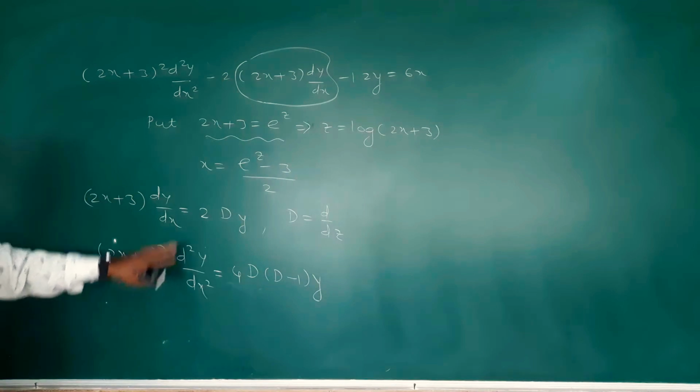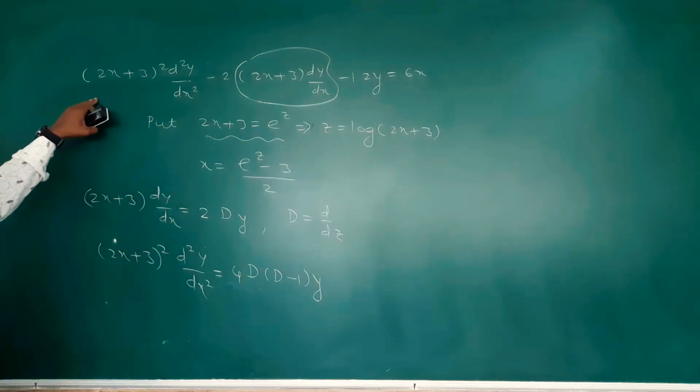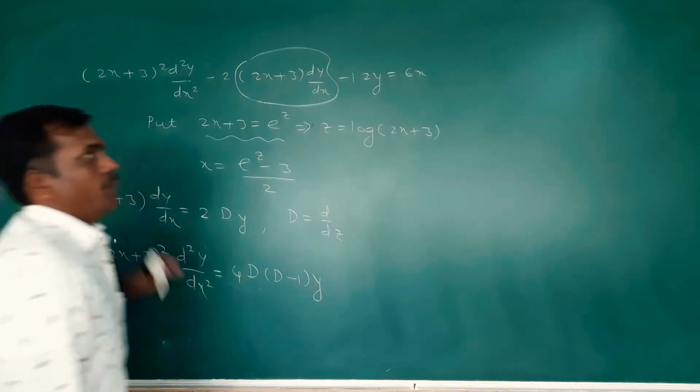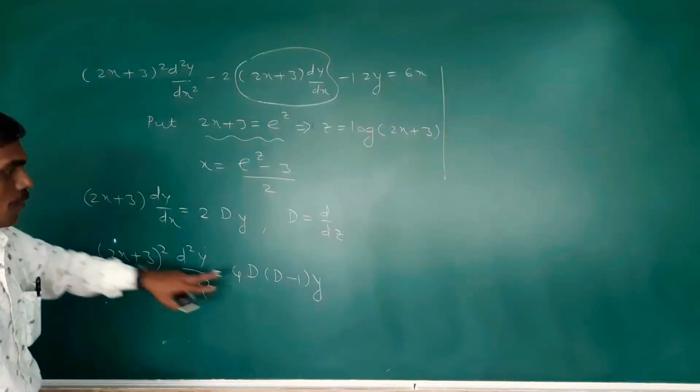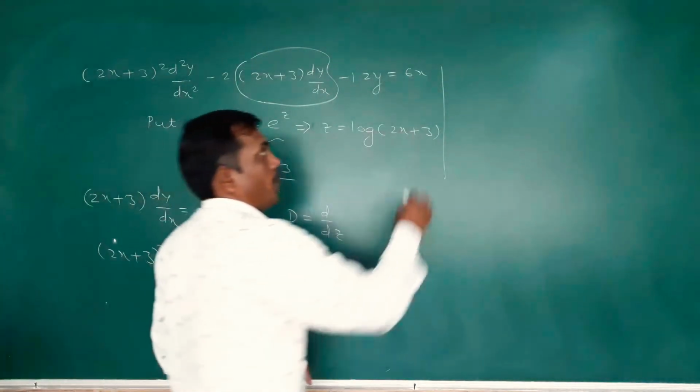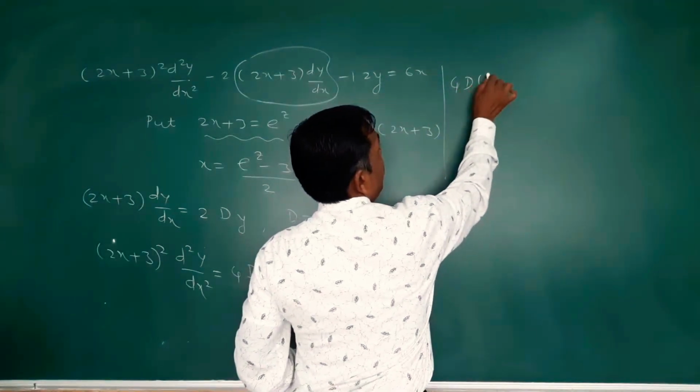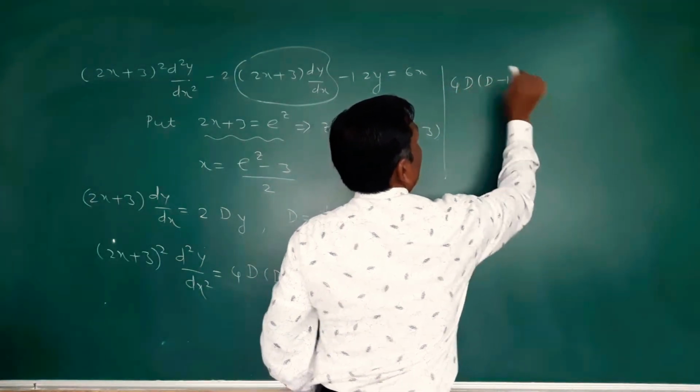Now we will substitute this value in the given equation and solve it. So the first term is 4D(D−1)y.